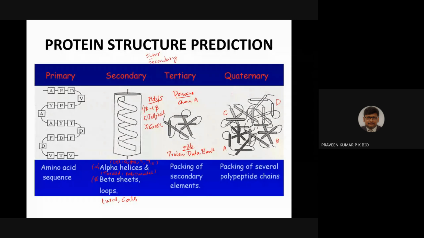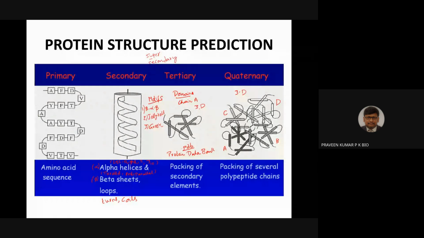And if you get a question, what is the 3D structure of a protein? Then you can tell that not just the quaternary is the 3D structure. We also find that whatever is for a chain A, which we call a domain, is also a 3D structure.